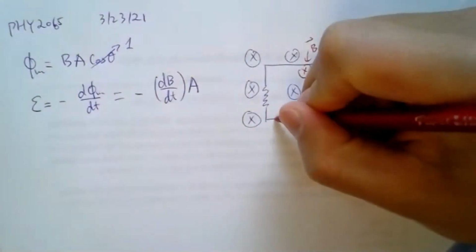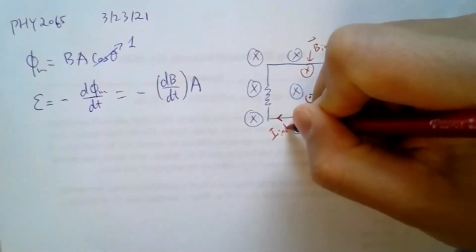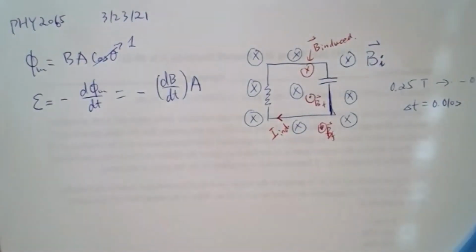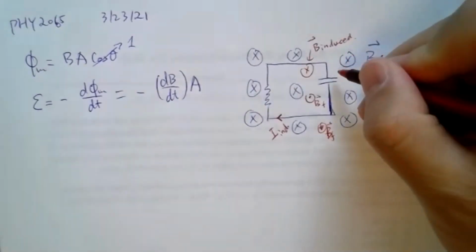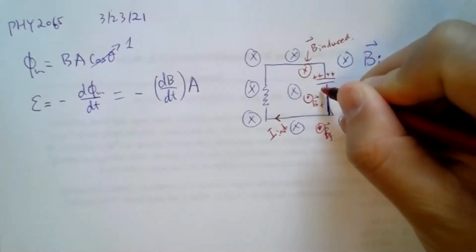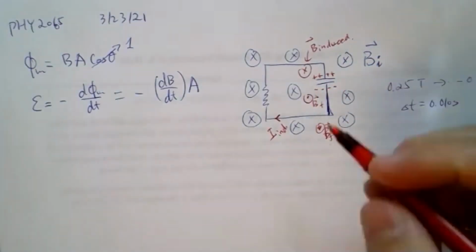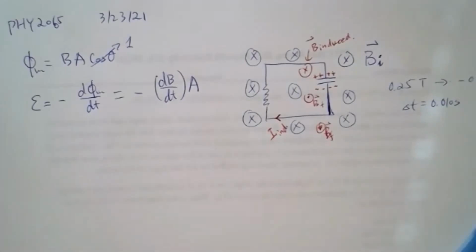So this would be your induced current direction, I induced, in the wire. So you will have positive charge on the upper plate and negative charge on the lower plate because of the current moving.